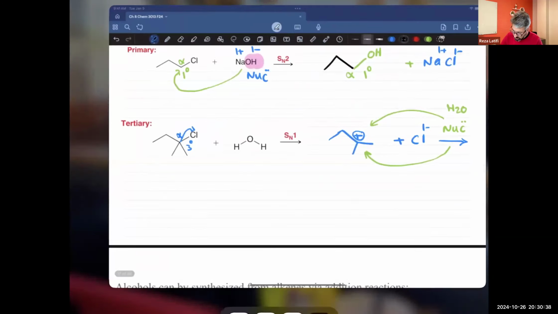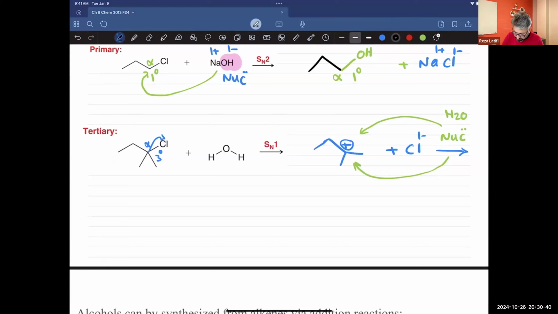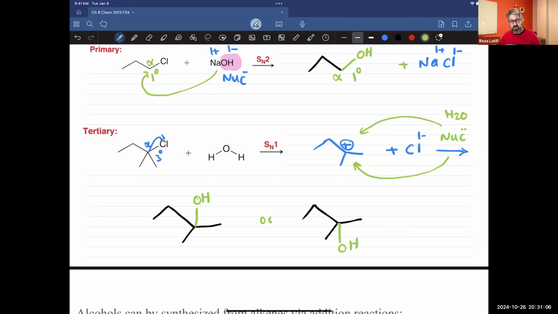So I'm going to get this one, if the addition happened from the top, then we get OH on the top of the molecule, or we might get this one, if the addition happened from the bottom of the molecule, and OH will show up there. In this case, they are identical because I don't have a stereocenter, but it's possible to get enantiomers, not in this case.